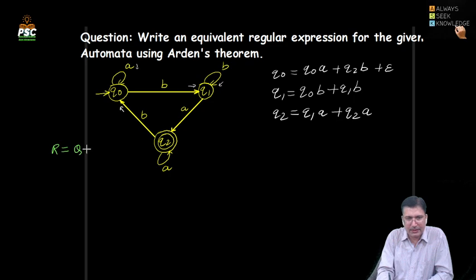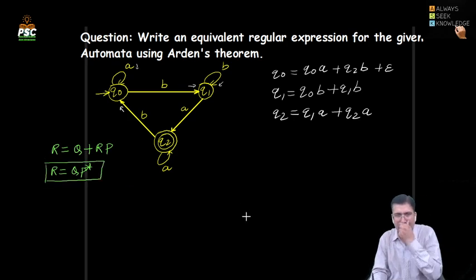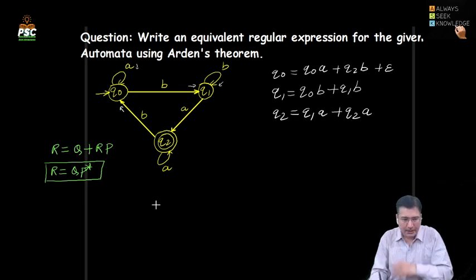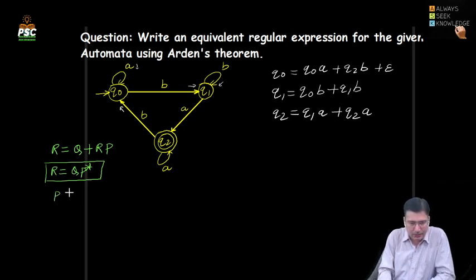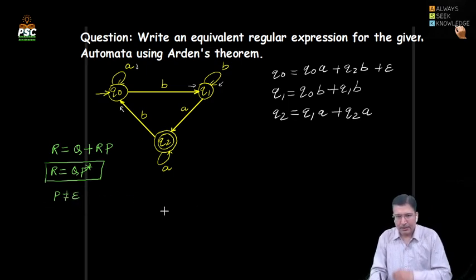If R equals Q plus RP is given, then it will give a unique solution: R is equal to QP asterisk, or Kleene closure. That is Arden's method that we have discussed and proved in the previous class, right? And there is a condition: this P should not be generating null.